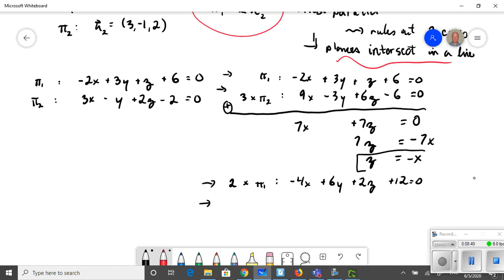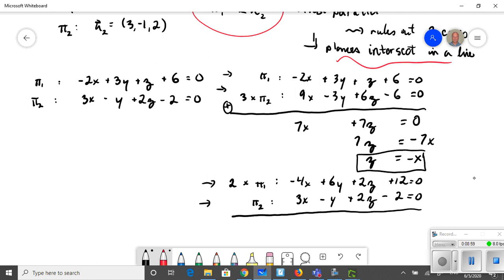Let me box this one. And I'm going to write plane 2 just as it was given: 3x minus y plus 2z minus 2 equals 0.